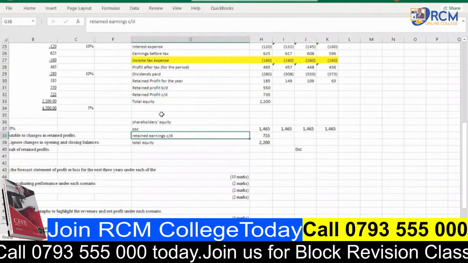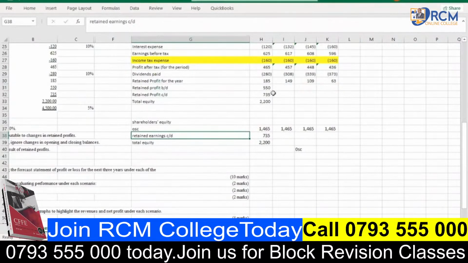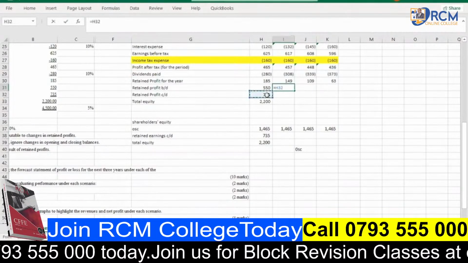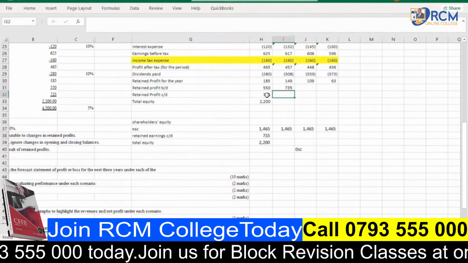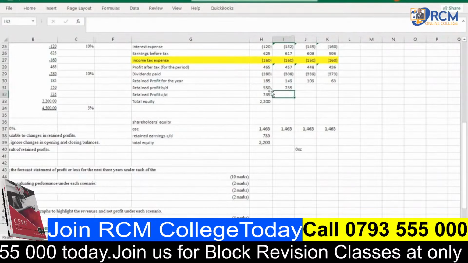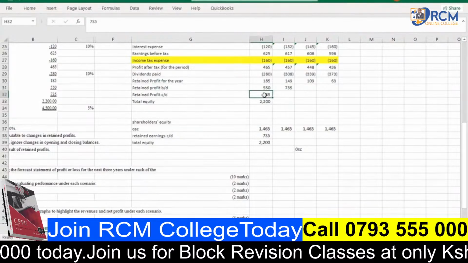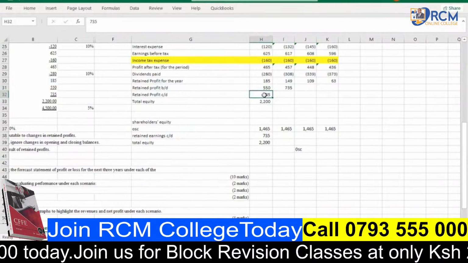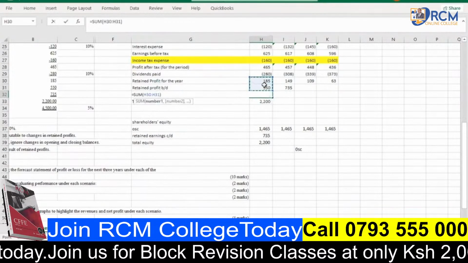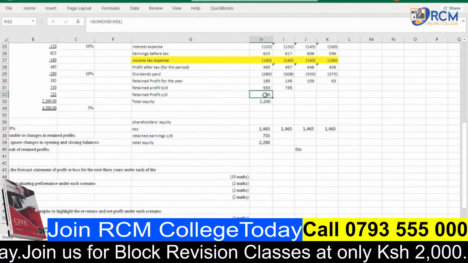Okay, that's good. So our retained profit brought down is the carried down of the previous year. So we come here and say equal to this one here. Then retained profits carried down will be brought down plus the profit of the current year. That's why we said the summation of these two, profit of the current year plus profit brought down, will give us the retained profits carried down.